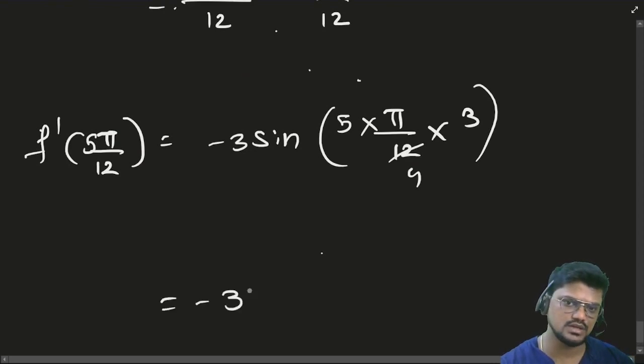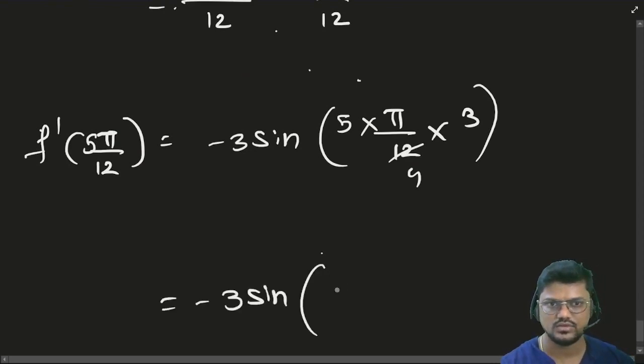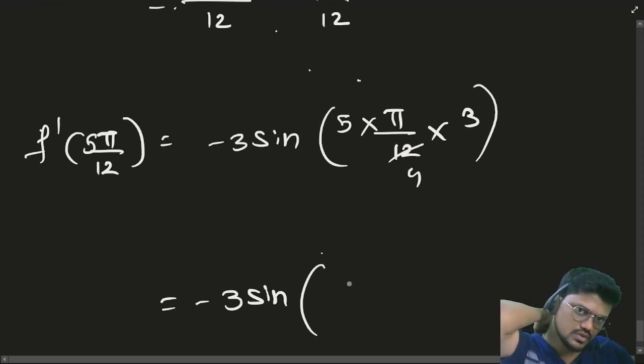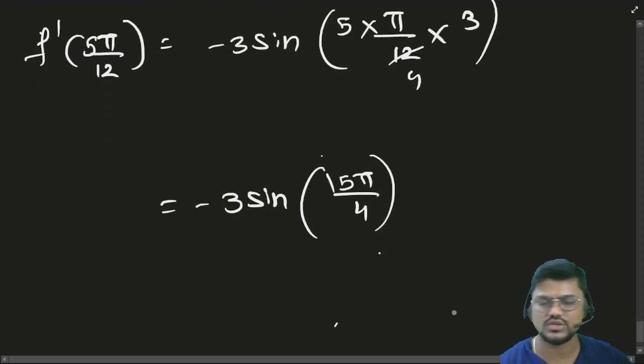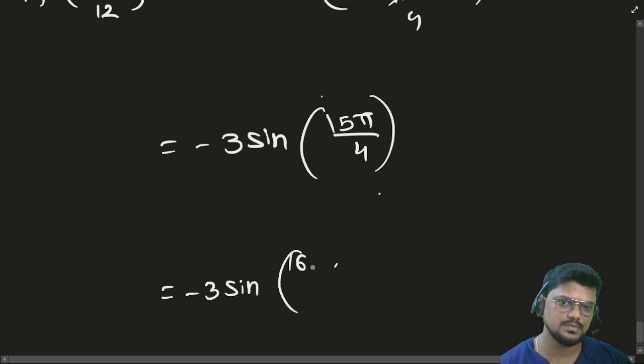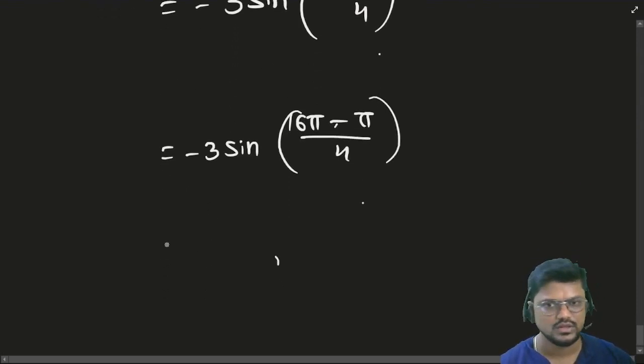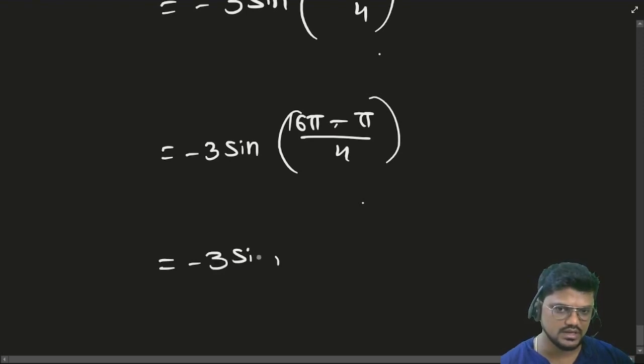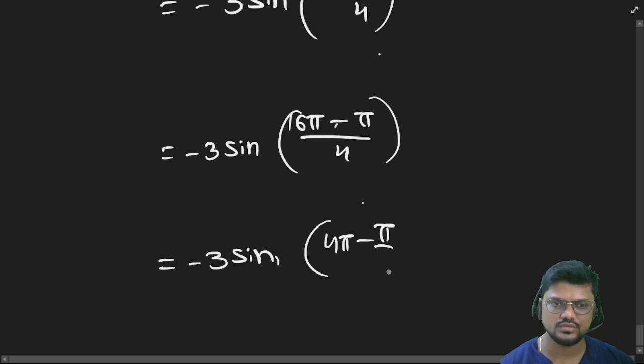This will be minus 3 sine, this is how much? 15 pi by 4. We can also write this equals minus 3 sine 16 pi minus pi by 4. This equals minus 3 sine 4 pi minus pi by 4.